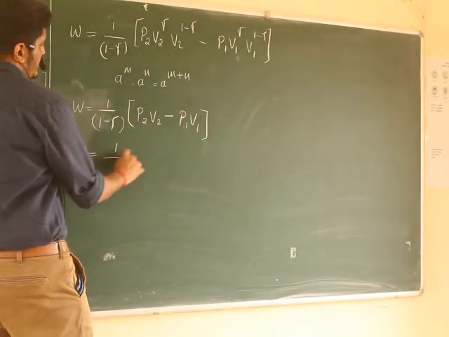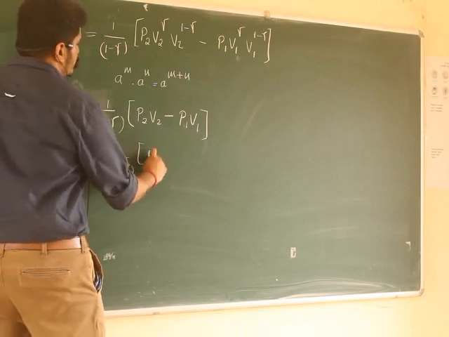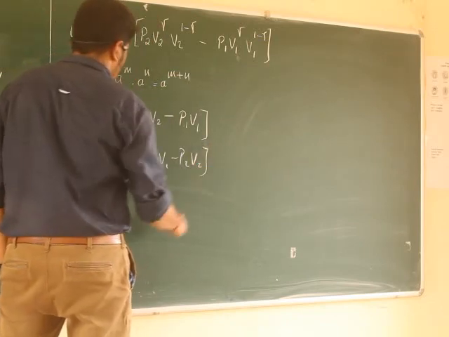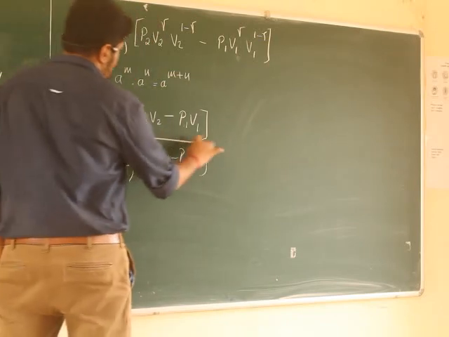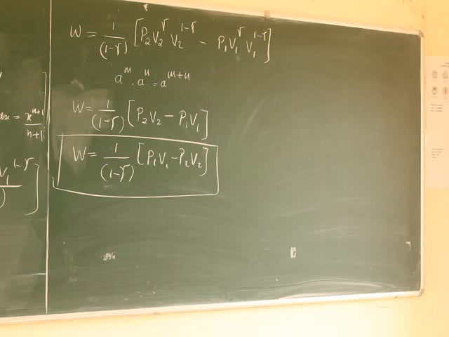W equal to, this becomes 1 by 1 minus gamma into P1 V1 minus P2 V2. Correct? So this will be the final equation of work done in case of adiabatic process. Okay?